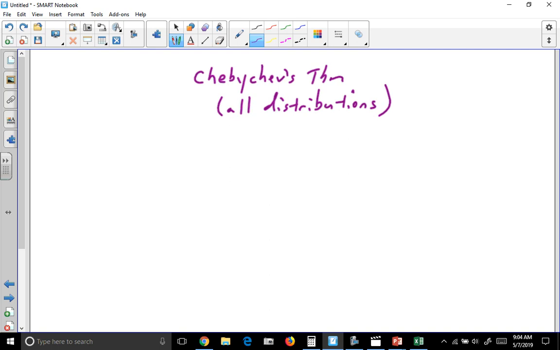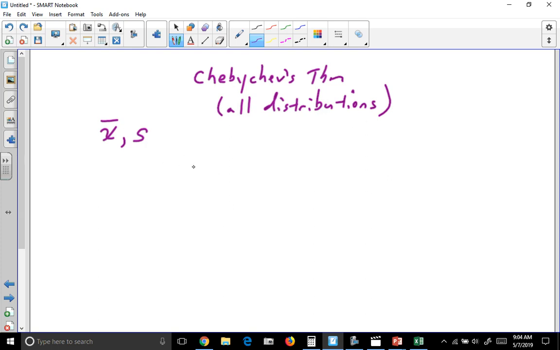So for any distribution, regardless of the average and regardless of the standard deviation, the formula that we're going to have will tell us the minimum amount of data that is going to be in our error interval.